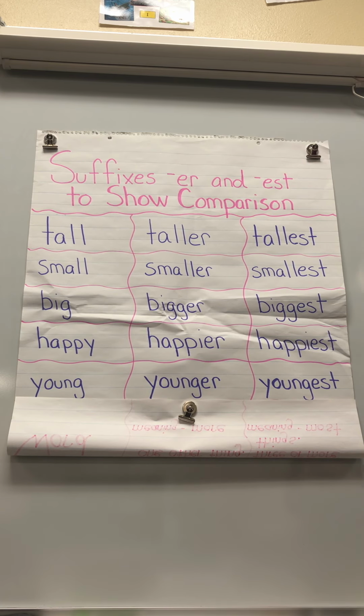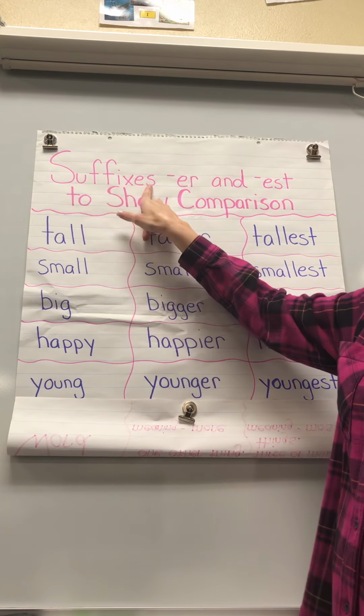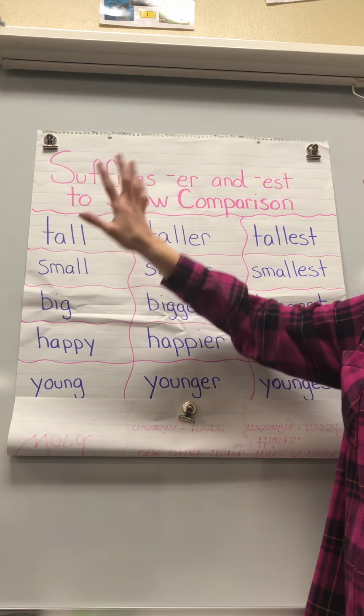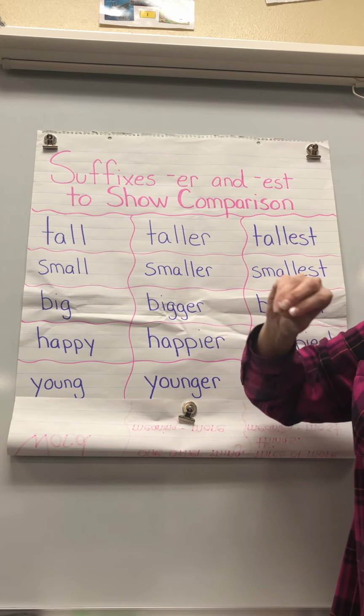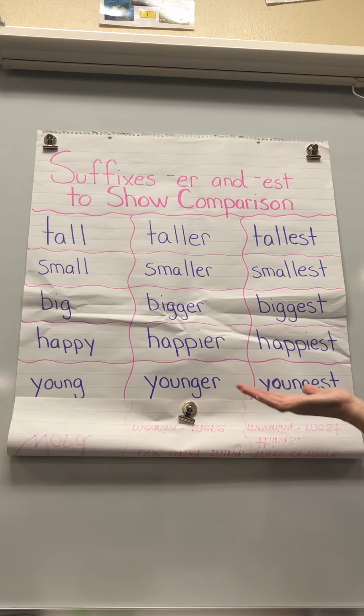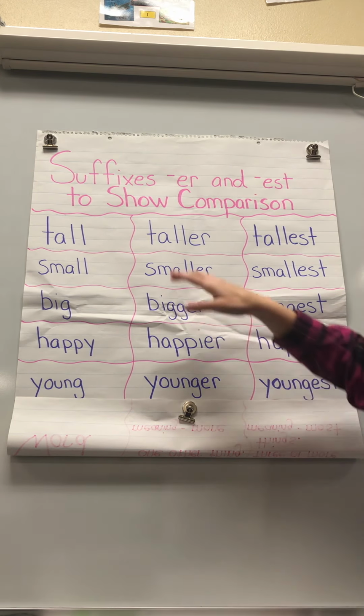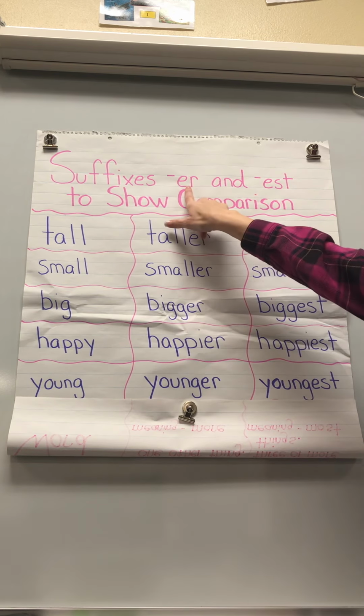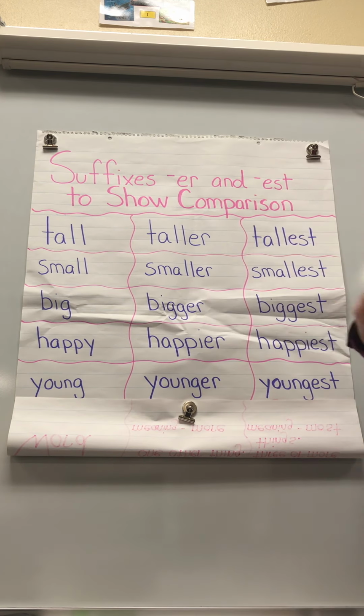Some great vocabulary that you'll need before we begin is the word suffixes. A suffix is simply a group of letters that we add to the base word, also called the root word. And our suffixes for today are ER and EST. Another word you're going to want to know is base word, or root word.